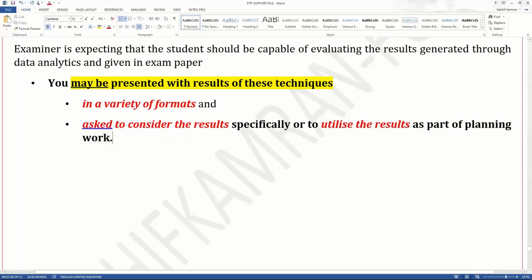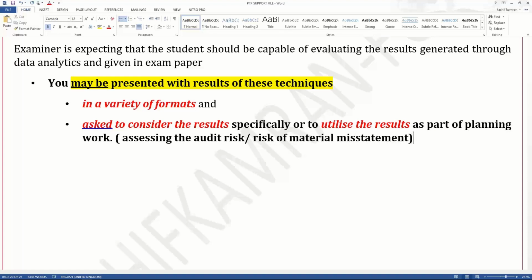So that means as part of what? As part of assessing the audit risk, or as part of assessing the risk of material misstatement. Now, understand something very carefully.